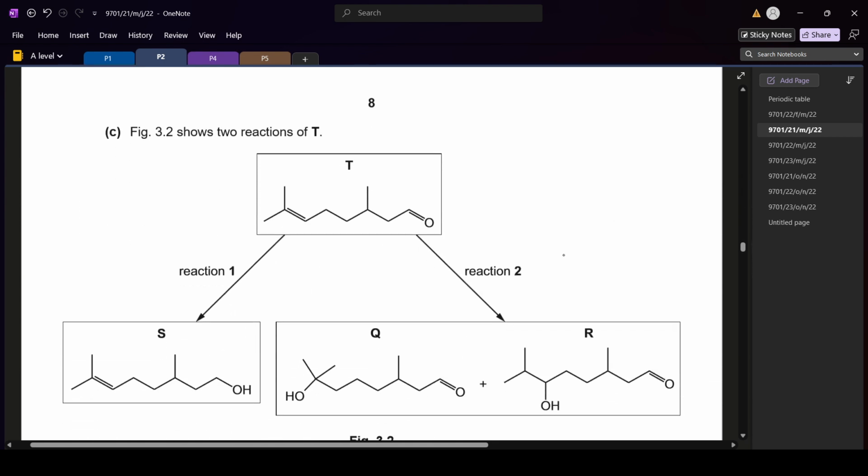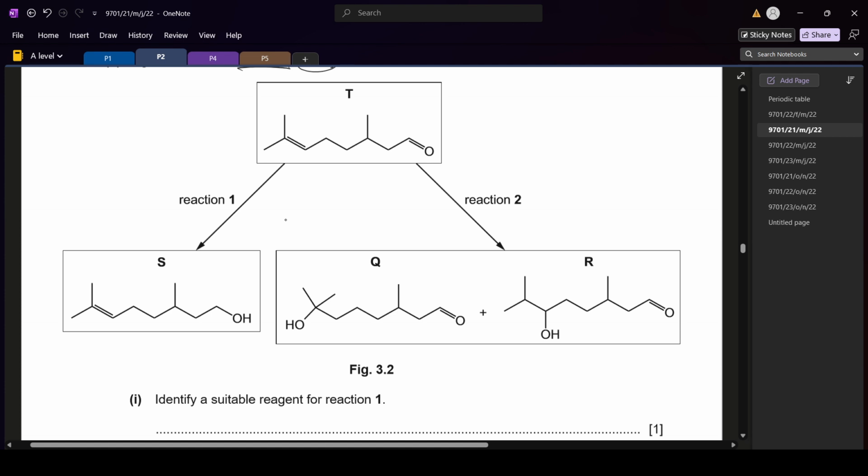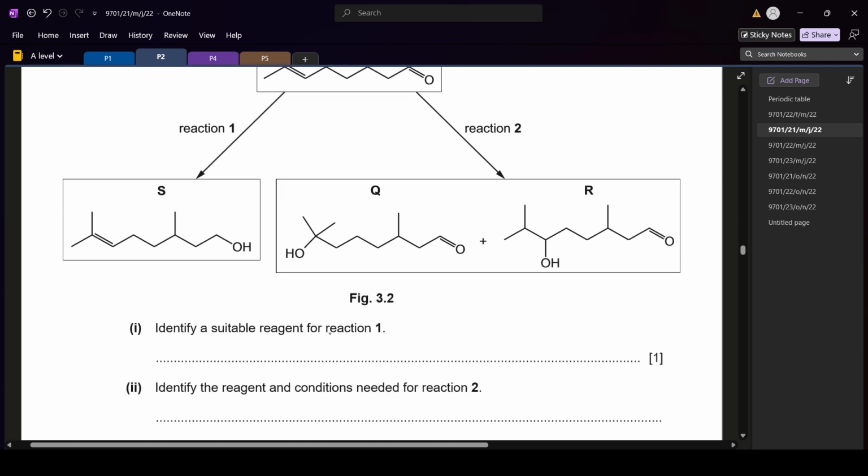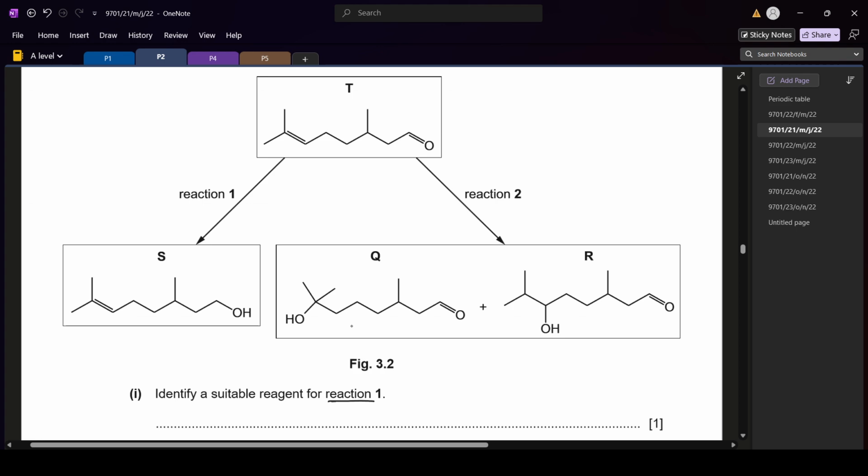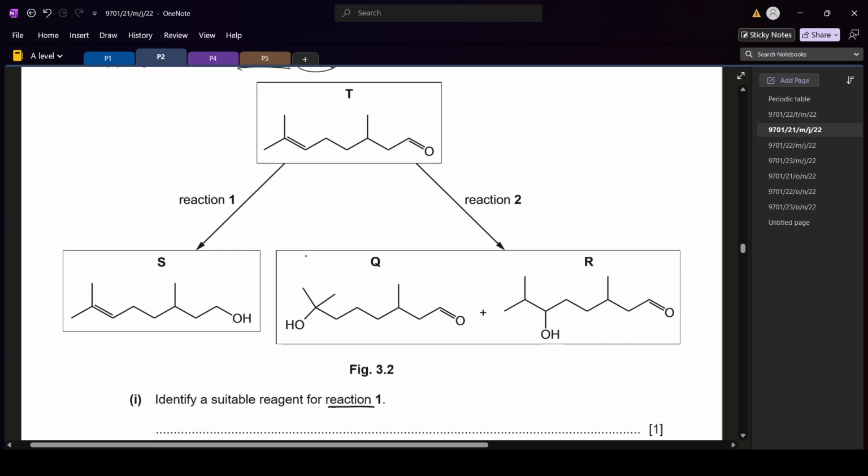Moving towards next part C. Figure 3.1 shows two reactions of T. Okay, identify a suitable reagent for reaction 1. What is happening in reaction 1?